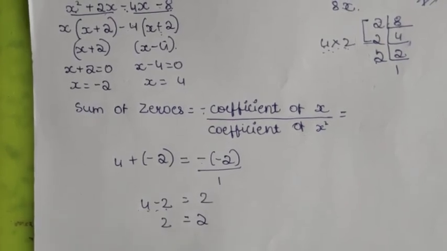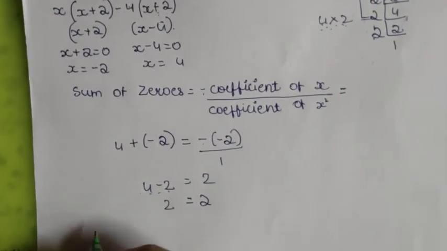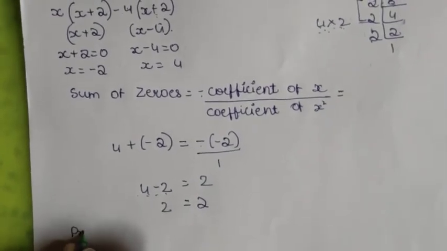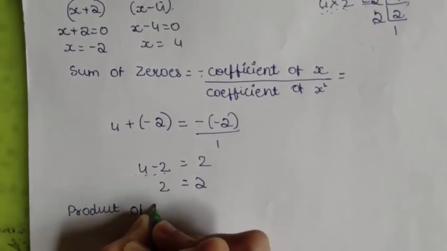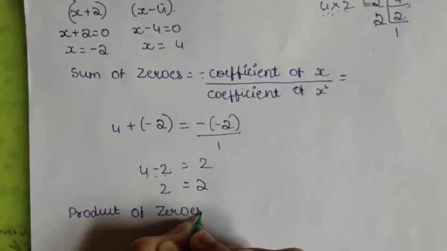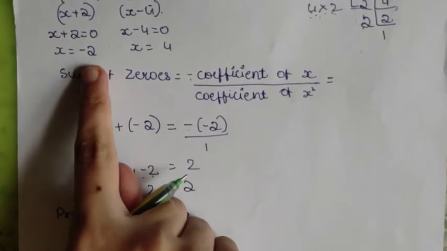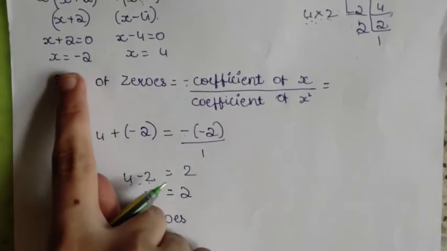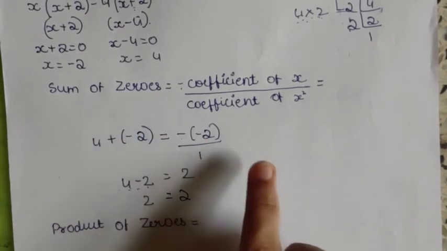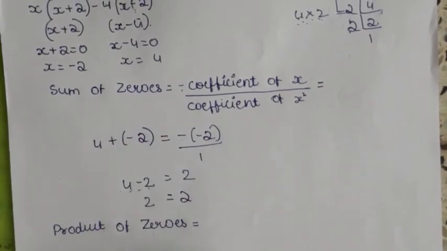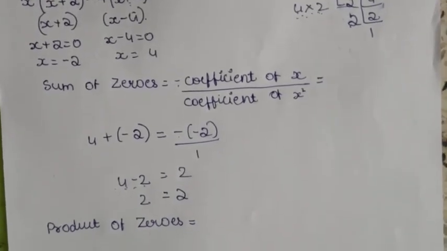Now let's do the product of zeros. The product of zeros is when we multiply these zeros, minus 2 and 4, and it will be equal to the constant term by coefficient of x square.